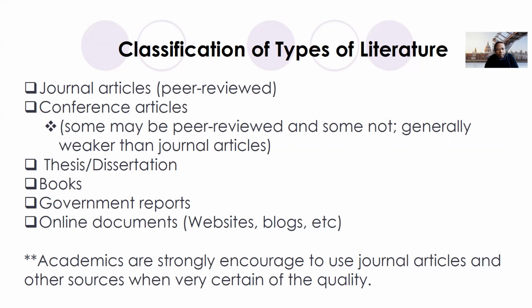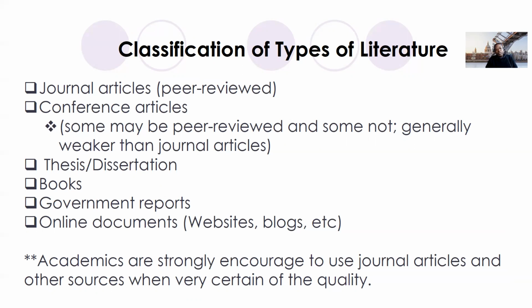Then we also have dissertations and theses. And this you can have undergraduate dissertation, masters or PhDs. We also have books, and books can be written by anybody and then submitted to a publisher to publish. Some may be peer-reviewed, some may not.